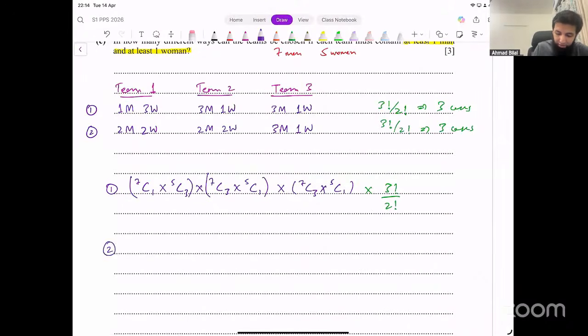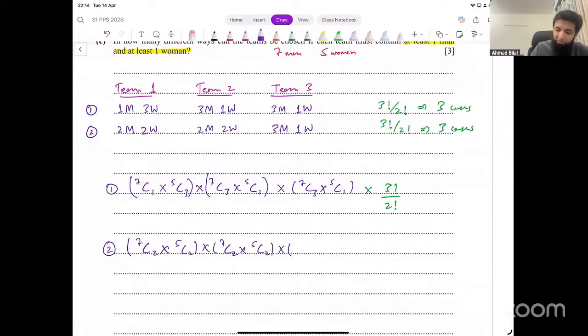Do the same thing here. Out of 7 men, we want 2, so that's 7C2, and out of 5 women, we want 2, that will be 5C2. Then for the second team, out of 7 men, we want 2, and out of 5 women, we want 2, that will be 5C2.